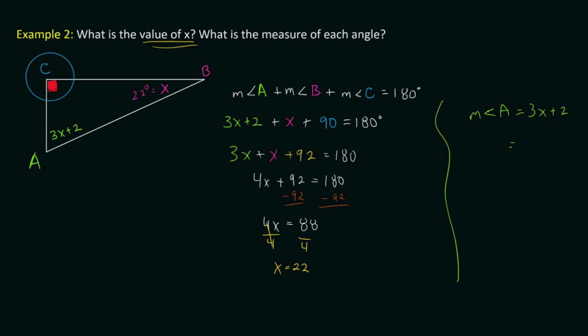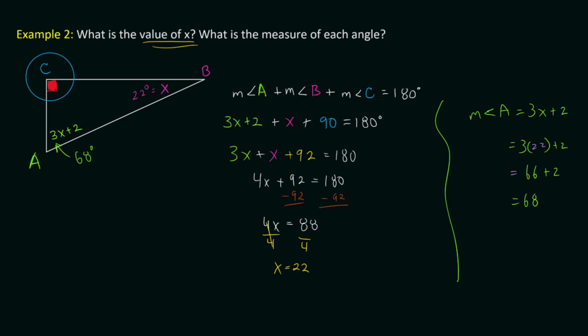So that's going to give me 3 times 22 plus 2. Now if I simplify this, I'm going to get a total of 66 plus 2, which is going to give me 68. So that means that angle A should be 68 degrees.